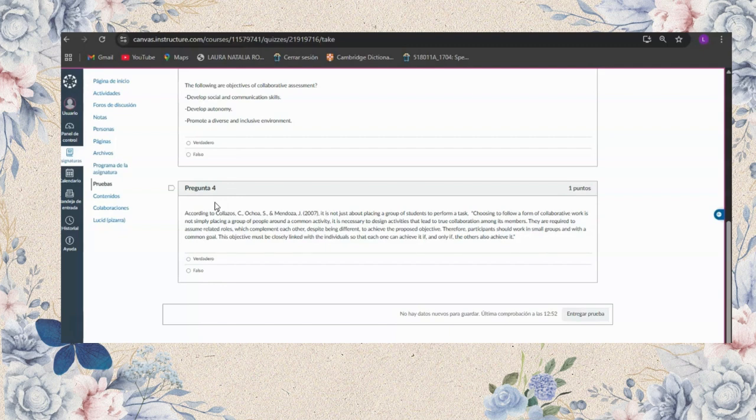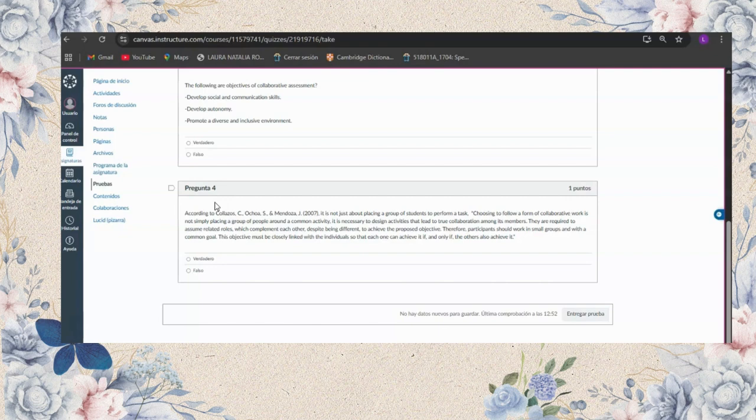It is necessary to design activities that lead to true collaboration among its members. They are required to assume related roles which complement each other despite being different to achieve the proposed objective. Therefore, participants should work in small groups and with a common goal.